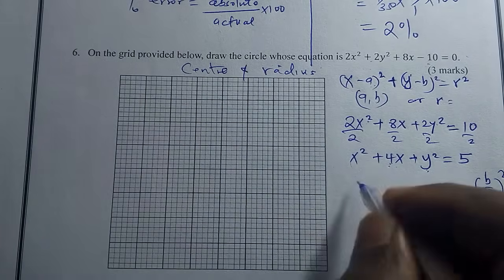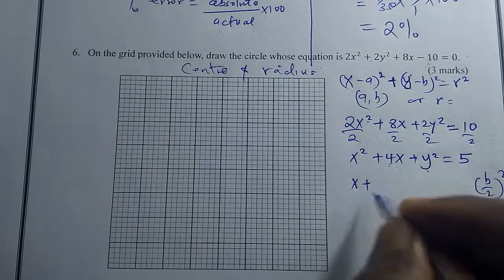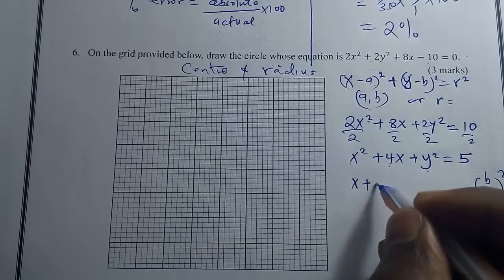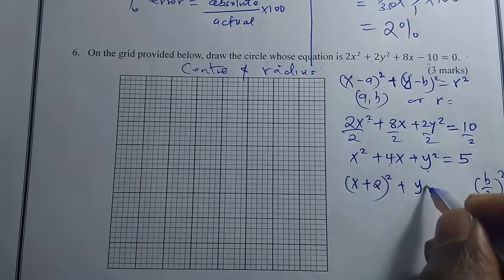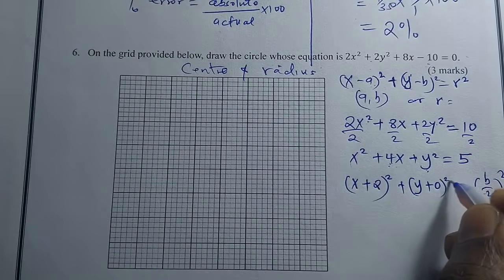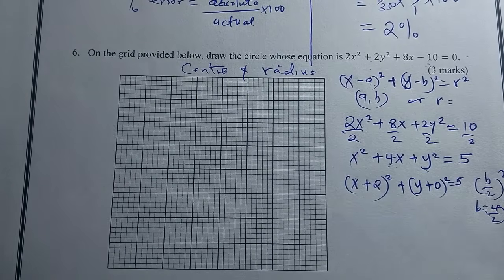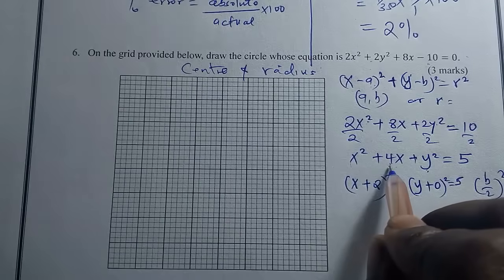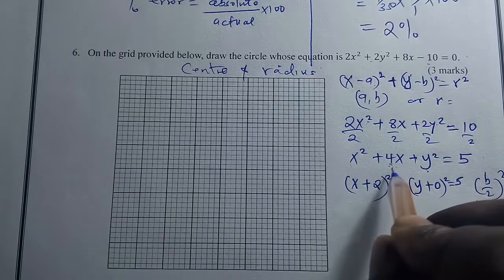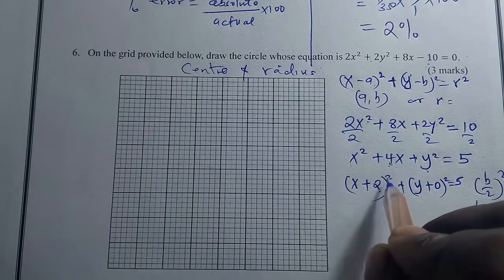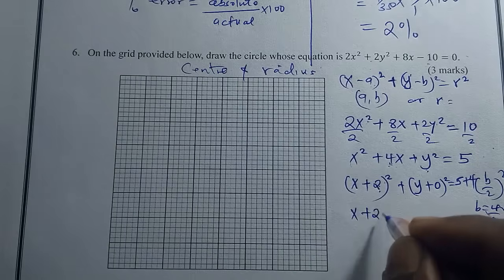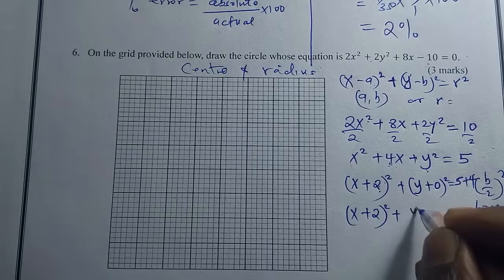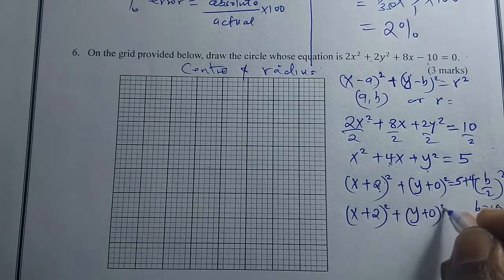So we are going to have (x plus 2) squared plus (y plus 0) squared is equal to 5. But remember, what we have done here, you need to add on the other side. So 2 squared is supposed to be added on the other side, so plus 2 squared, which is 4. So (x plus 2) squared plus (y plus 0) squared is equal to 9.